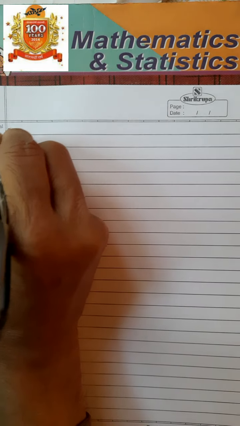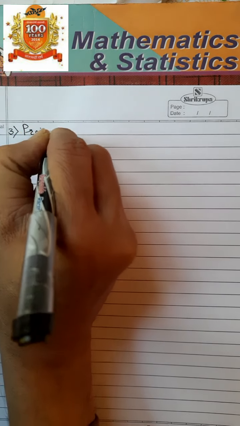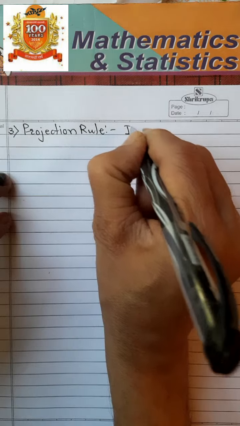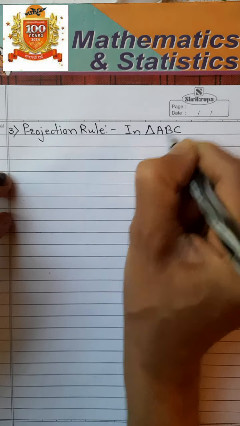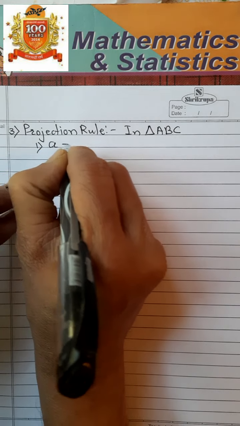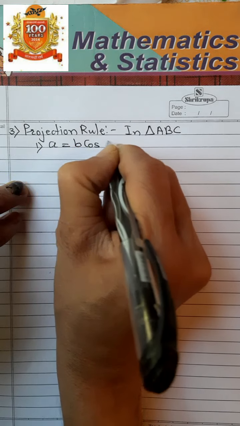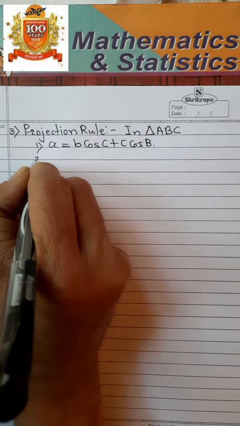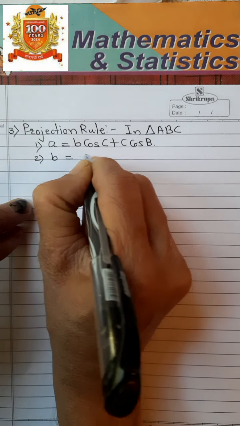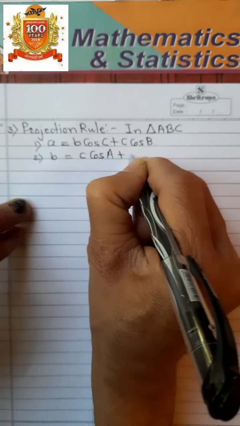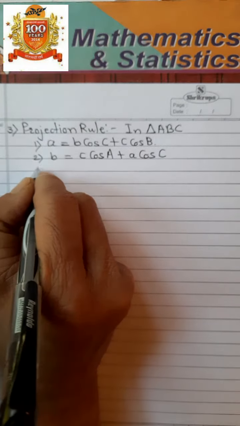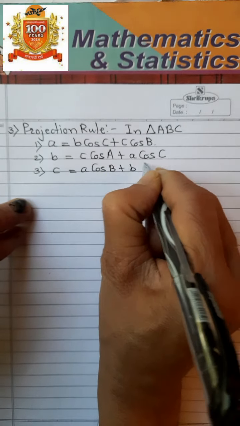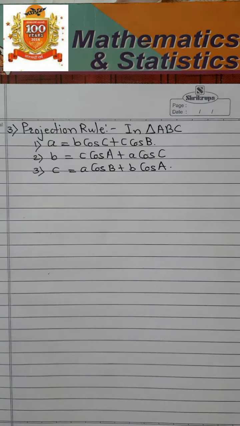Now next, third one is projection rule. In triangle ABC, first, a is equal to b cos C plus c cos B. Second, b is equal to c cos A plus a cos C. And third one, c is equal to a cos B plus b cos A. This is called as projection rule.